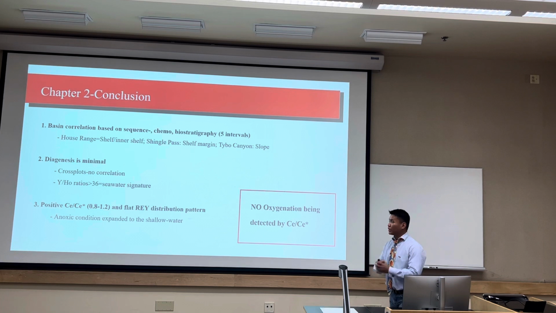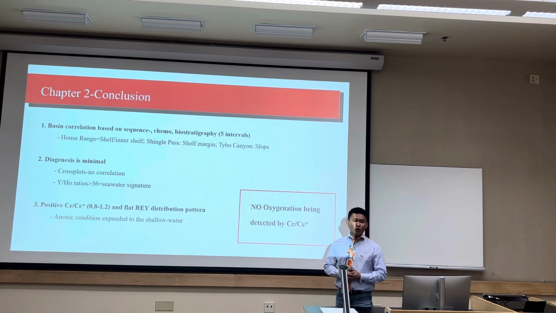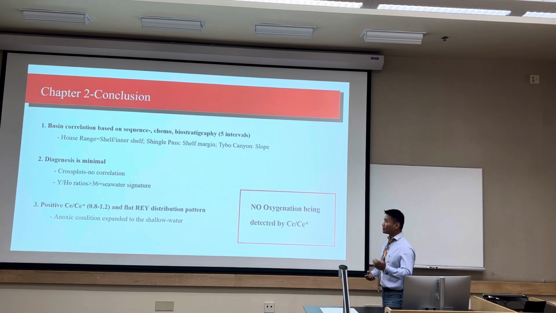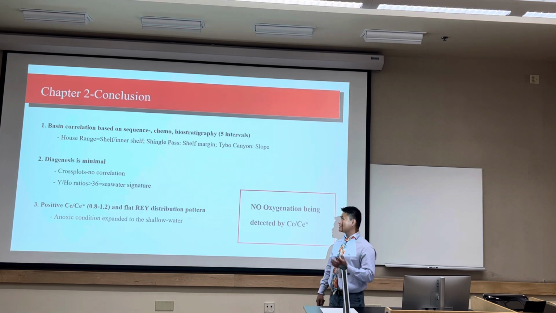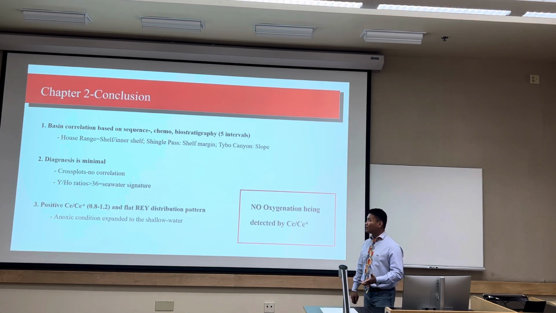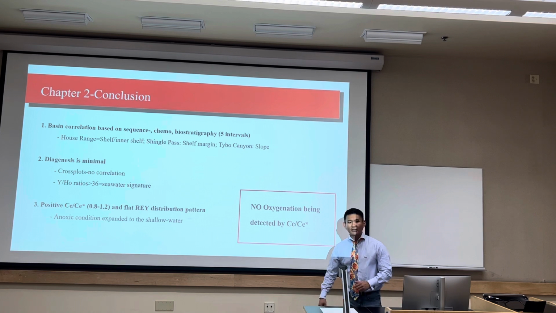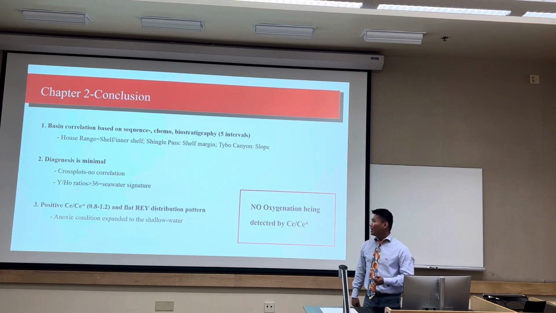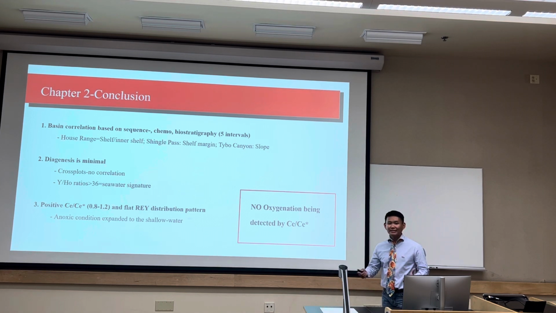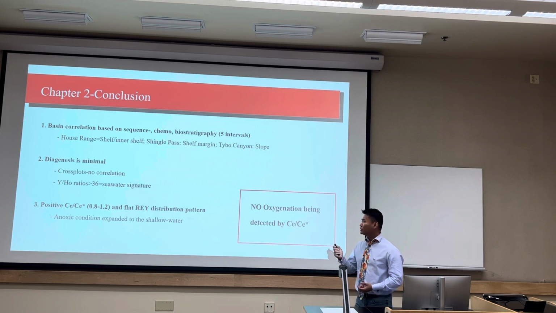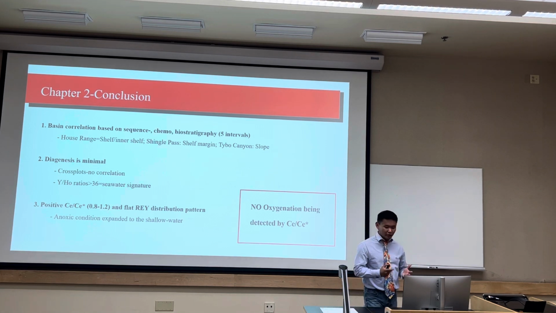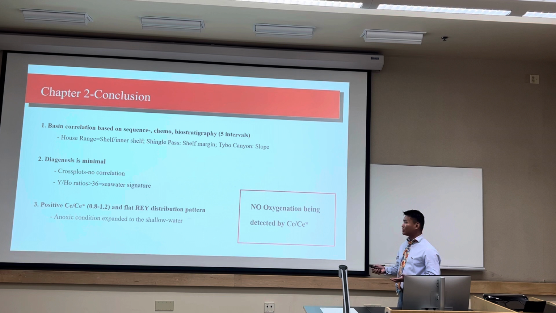So the conclusion for chapter 2 is we looked at the Bayesian correlation based on sequence stratigraphy, chemostratigraphy, and biostratigraphy, and we interpret that House Range section was in the shelf environment, Shingle Pass was in the shelf margin, high energy environment, and Table was in the slope environment. We evaluated the diagenesis, and cross-plot diagrams show there's no siliciclastic influence in our samples, and the Y/Ho ratio showed more than 36 in the majority of them, which is the seawater signature.